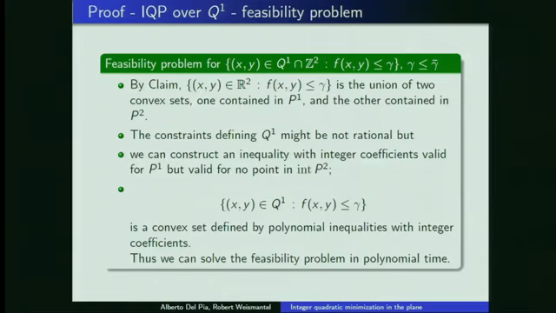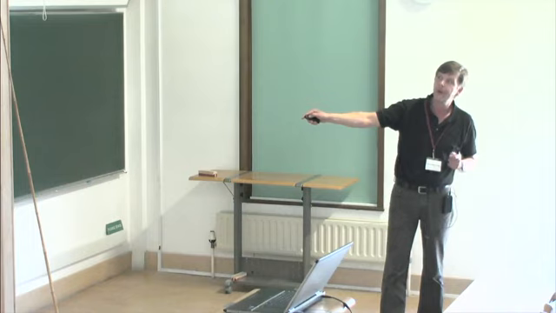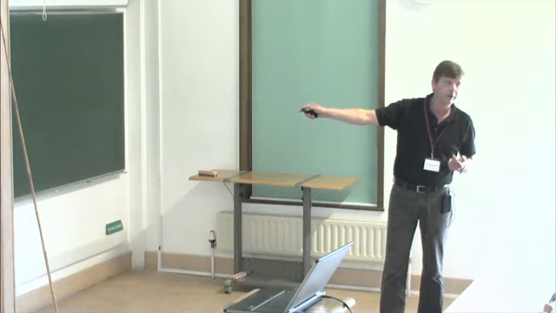So far, I cannot apply Khachiyan and Porkolab because it's the union of two convex sets. So what do I need to do? Well, the problem is that the constraints defining really this Q1 set might not be rational, right? Because the lines have these irrational coefficients. So now, what we need to do, and this is what we can do, we can construct an inequality with integer coefficients, which is valid for P1, but not valid for any point in the interior of P2.